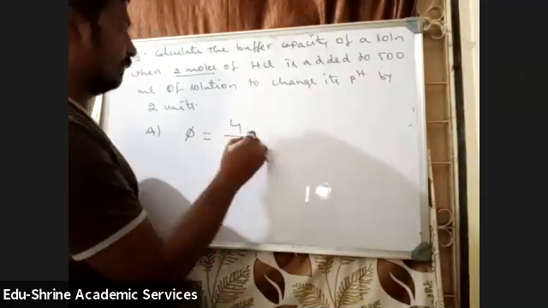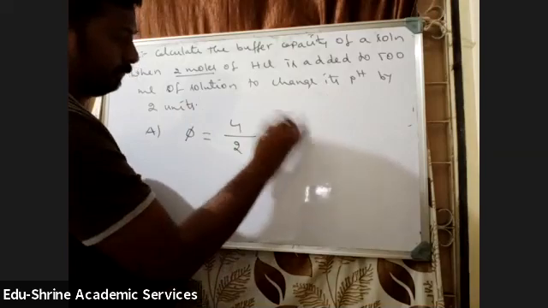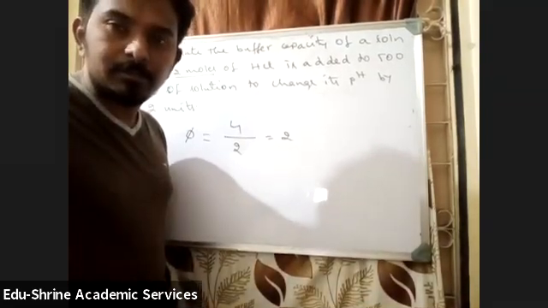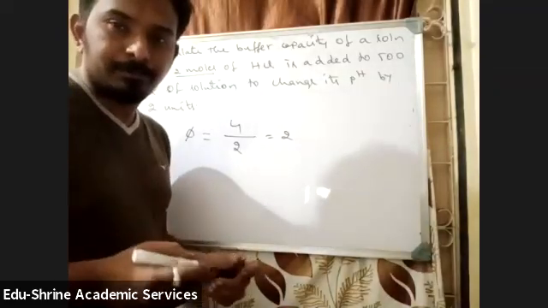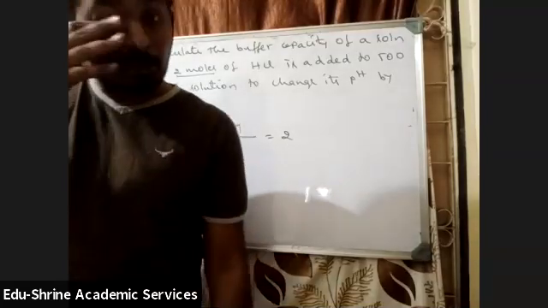The pH changes by 2 units, so 4 divided by 2, the answer will be 2. Okay, that's all, students.